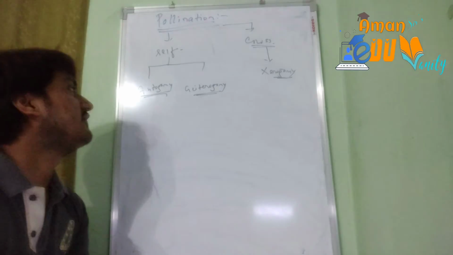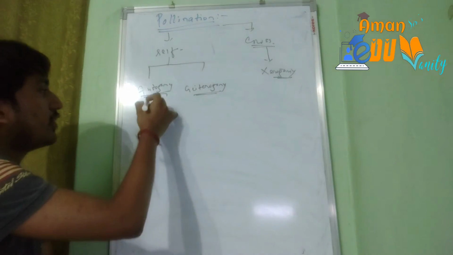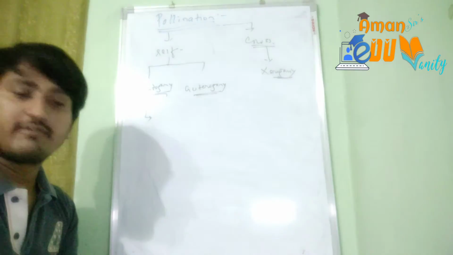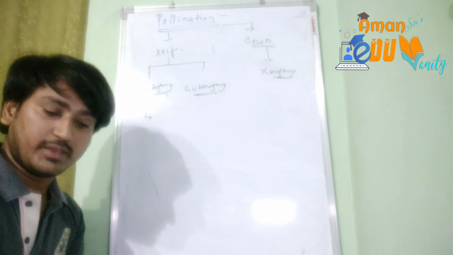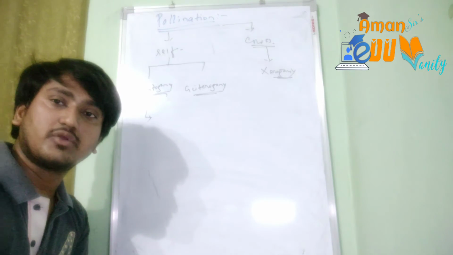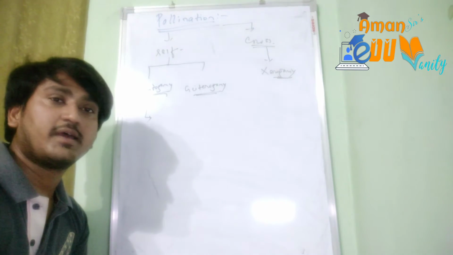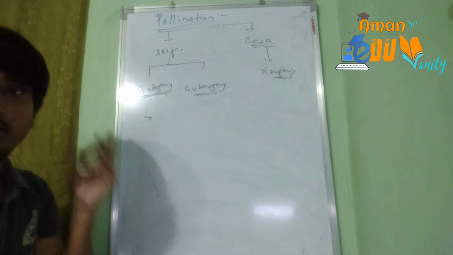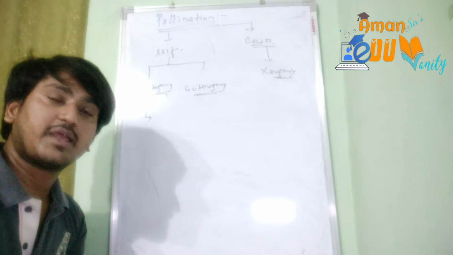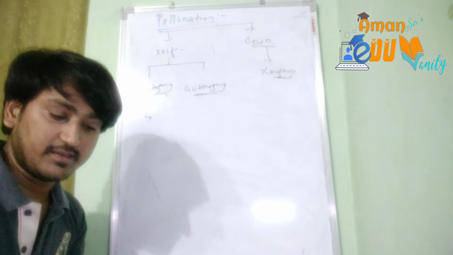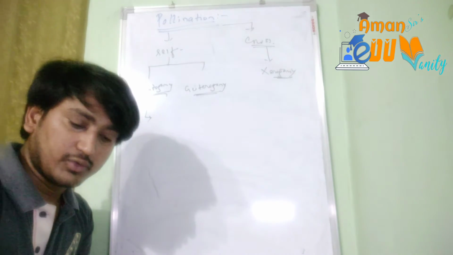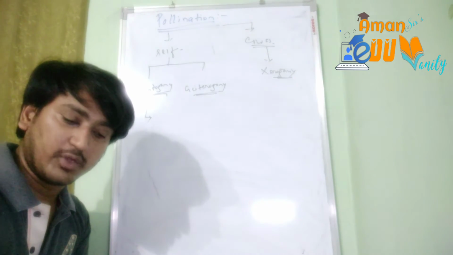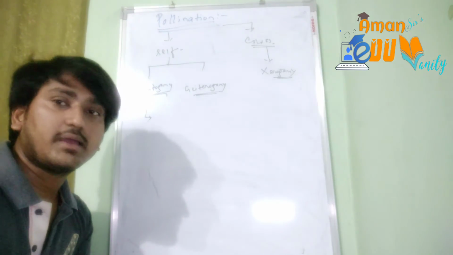Okay, so let us see how autogamy could be confirmed. For autogamy to be confirmed, the flowers need to be synchronized in the formation of the pollen grains and the pistil. The pistil should be maturing at the same time and the pollen grains should be formed at the same time. So they need to show synchrony in pollen release and stigma receptivity.